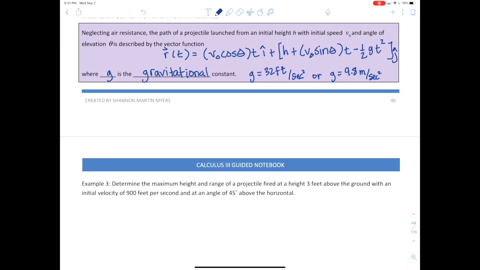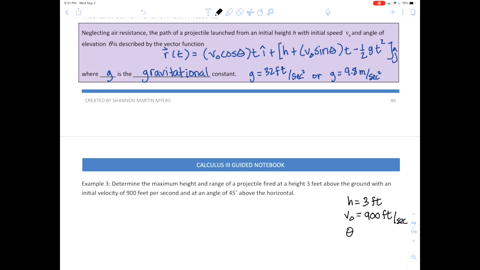We'll make a little bit of a list here. So we know that h is 3, and we know that we're in feet, right? 3 feet. And what else have we been given? Initial velocity. So v0 is our initial velocity, and it is 900 feet per second.